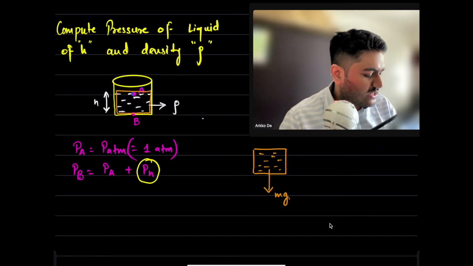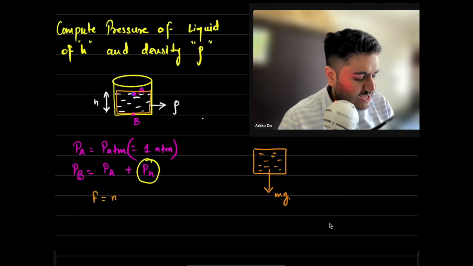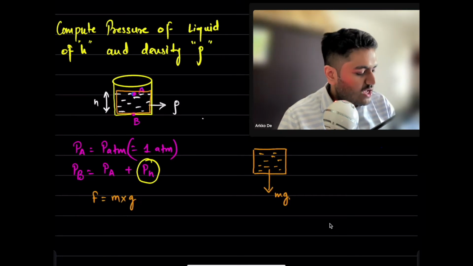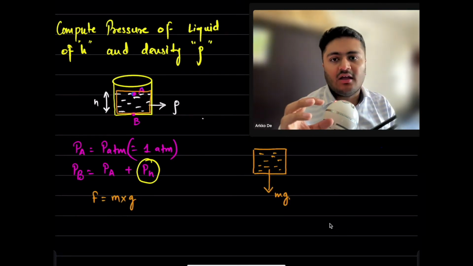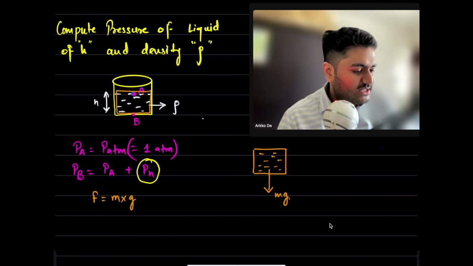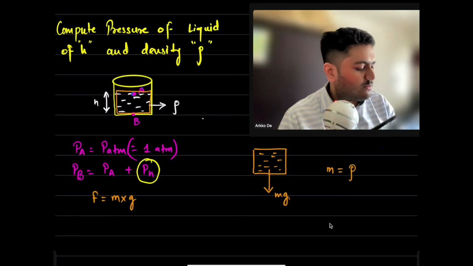Okay, so let's calculate the force. I can write this force as m into g, where g is the acceleration due to gravity. Given is the density of the liquid as rho. So I can write mass as density of the liquid multiplied by the volume of the liquid.